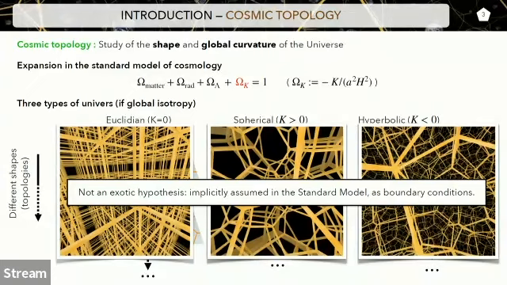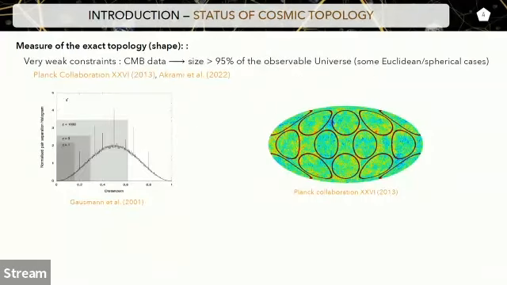Now, this is in theory. We can wonder what about observations? Both of these aspects, shape of our universe and global curvature, can be tested with current data. If we consider the shape, what we are looking for are identical images, either in catalogs of galaxies, where we have specific spikes in the correlation, or directly in the biggest map that we can observe, the CMB, Cosmic Microwave Background map, where we search for identical circles that would indicate this possible periodicity.